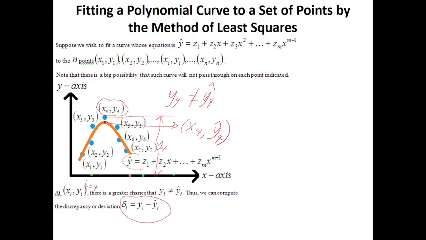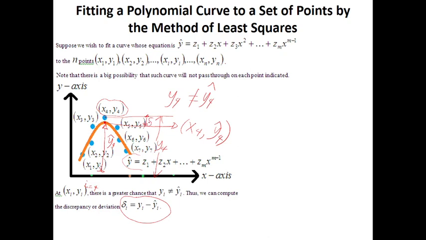On the other hand, this distance is y sub 4 hat, and there is now a discrepancy between the two, or deviation.